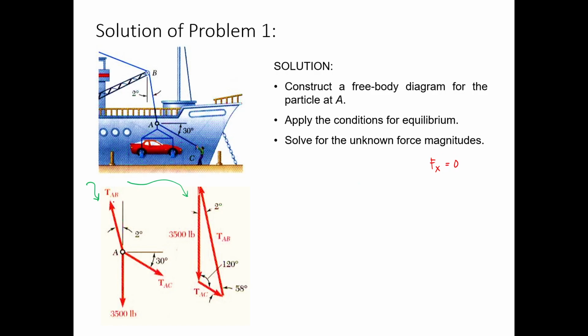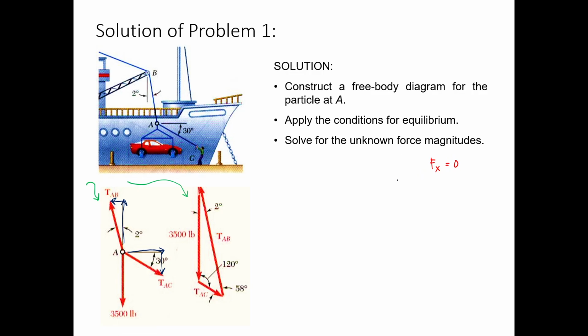So we're going to determine the horizontal component of TAB and as well the horizontal component of TAC. So since these forces can be drawn into a triangle, you can just use Pythagorean theorem or a corresponding trigonometric function.